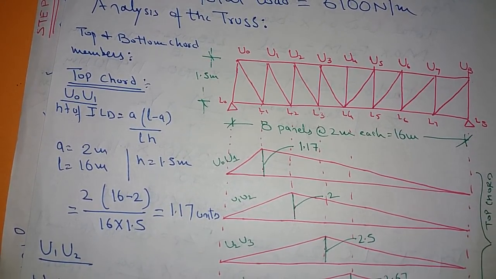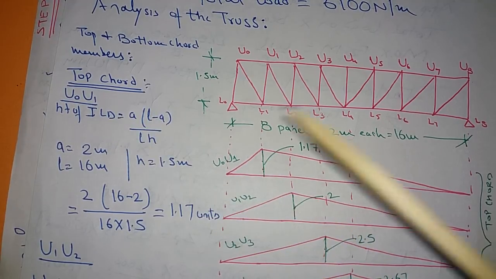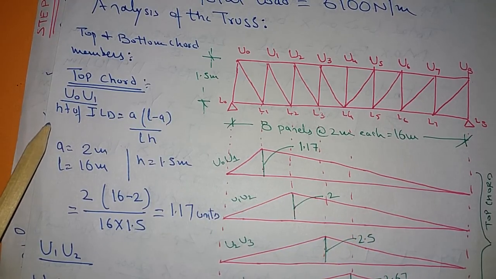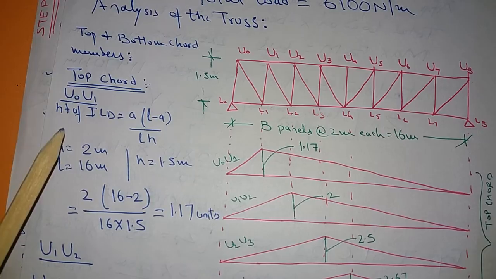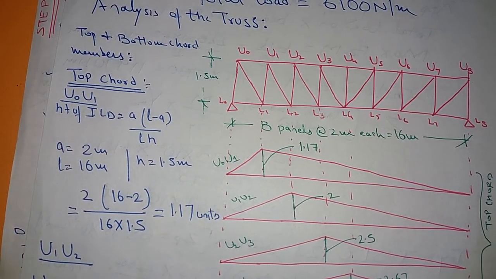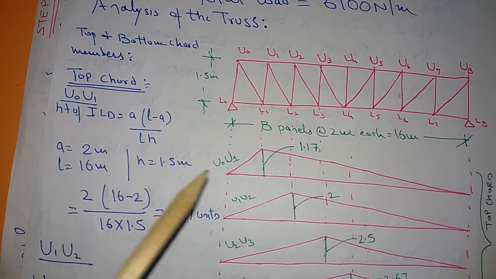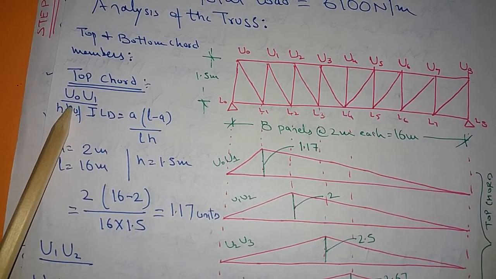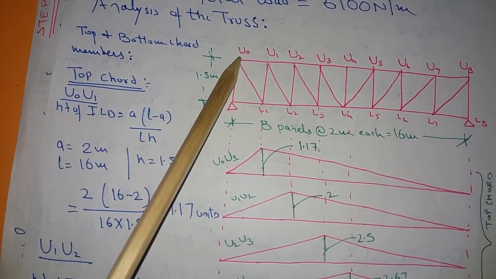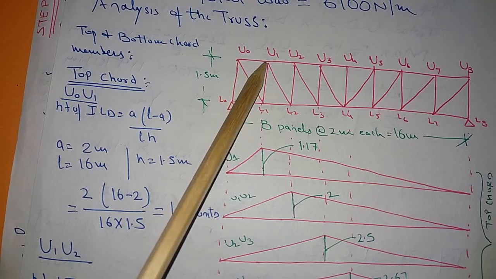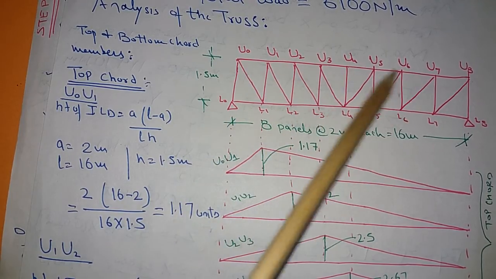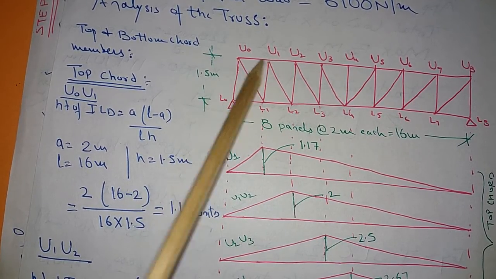Now, before starting this, first of all, top and bottom chord. So first of all, top chord, with the help of ILD, we will discuss in a very short manner how to design ILD. So first of all, U0 and U1. So top chord U0, U1, first member.